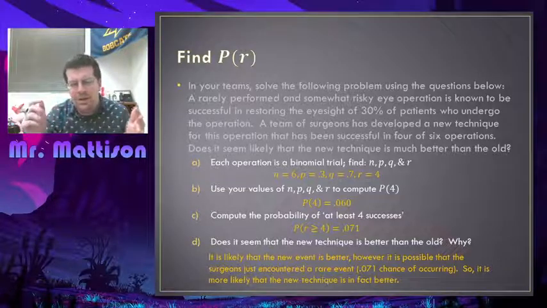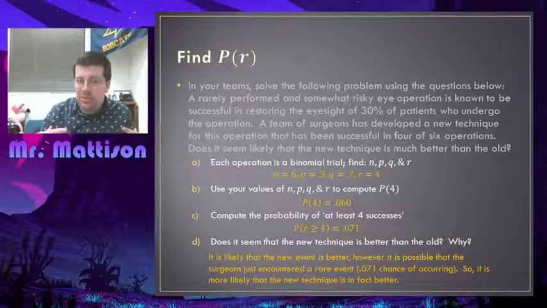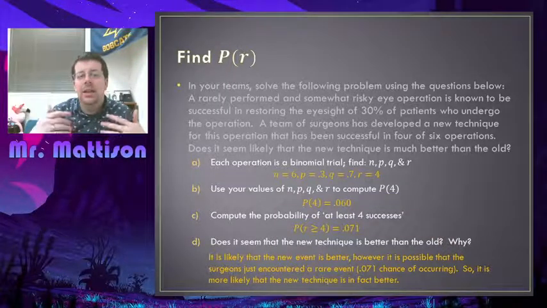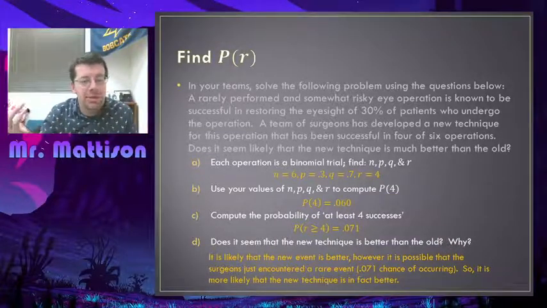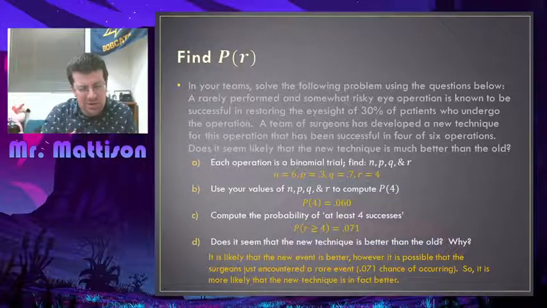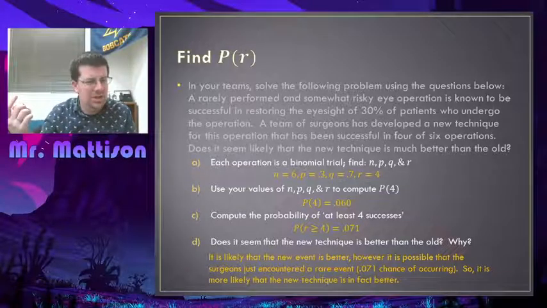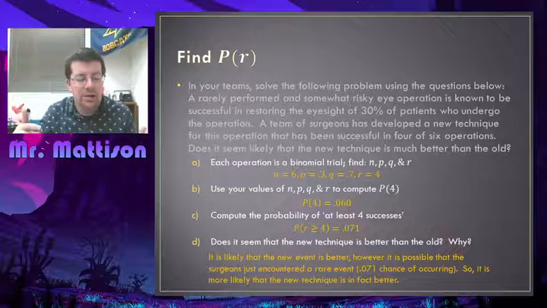So what we're trying to do is say, well, let's assume it's still following the old technique. What's the chance of us getting 4 good out of 6 just at pure random chance? Because if that's super low, then there's probably a good chance that this new technique has a higher chance of working than the old one.